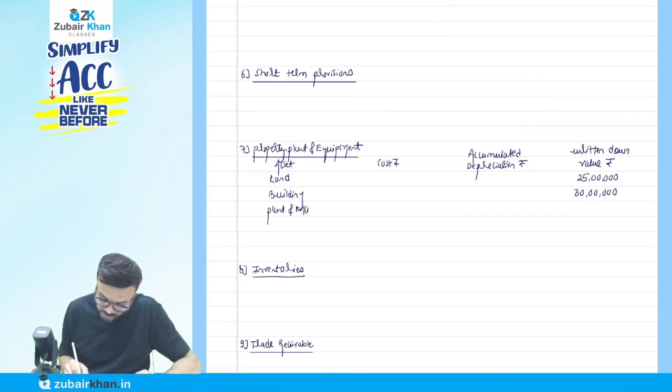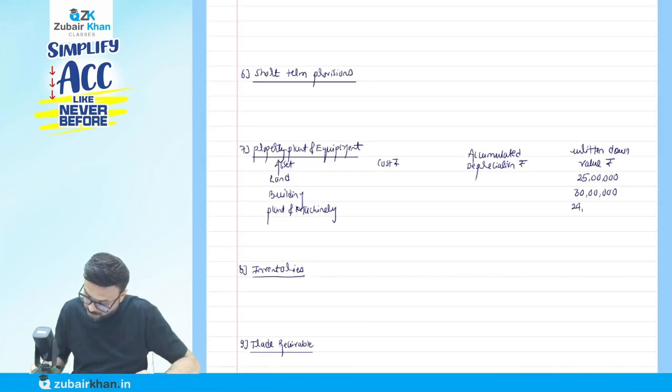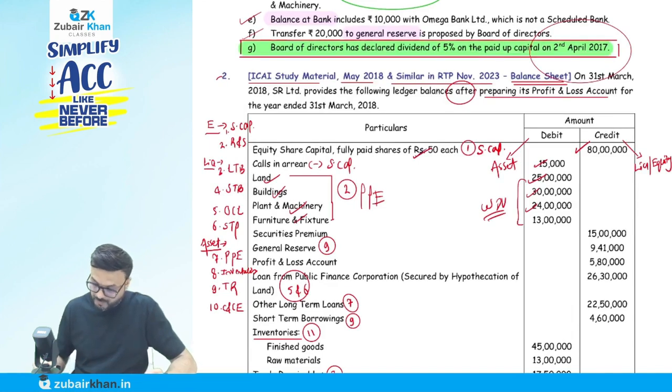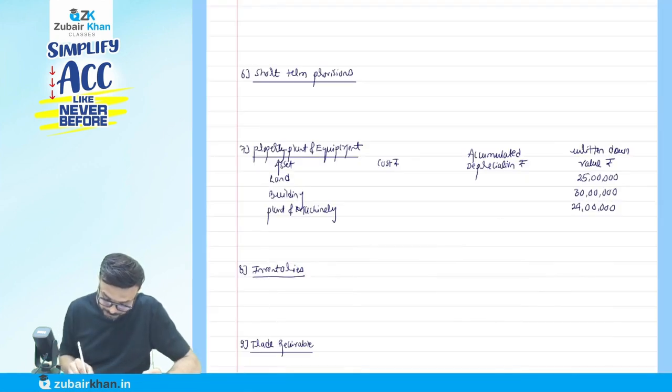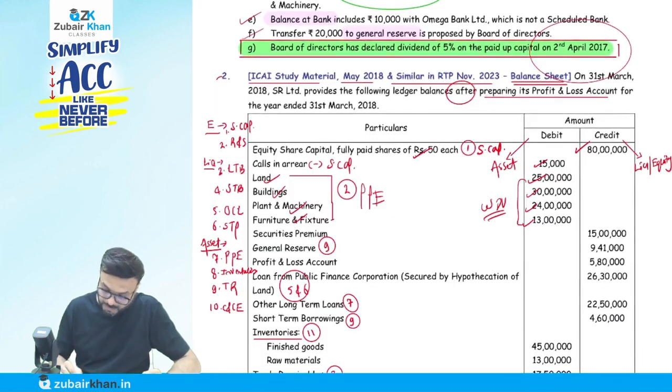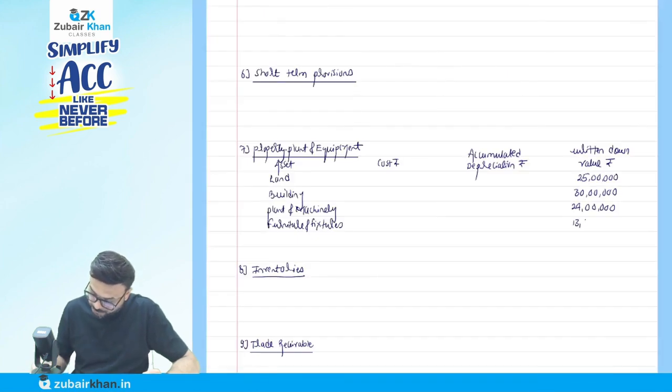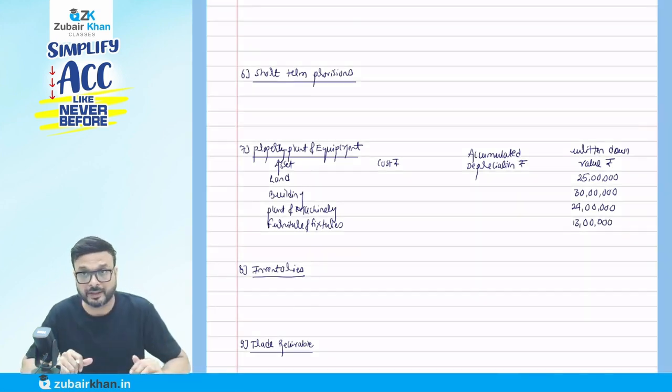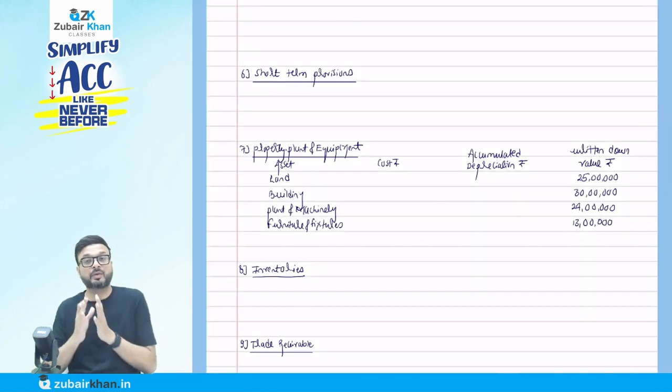Then we have furniture and fixtures 13 lakh. So we write it down as WDV.